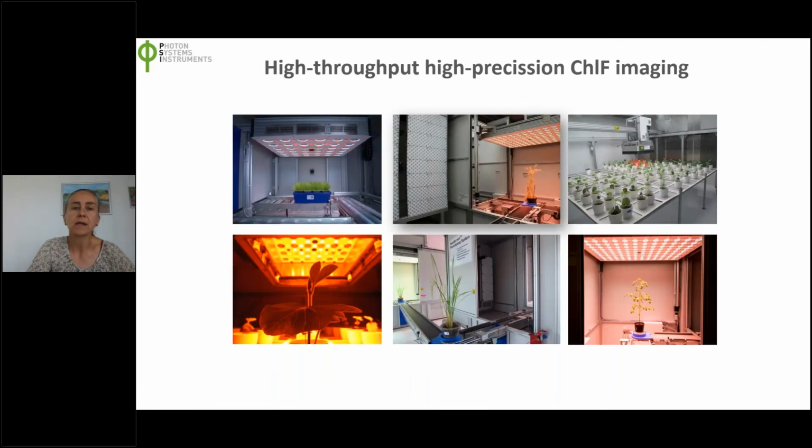And this is mainly used in automated high throughput systems, where large panels are used for the sample illumination and allow us to screen, in really high throughput and high precision, populations of plants for chlorophyll photosynthetic characteristics.